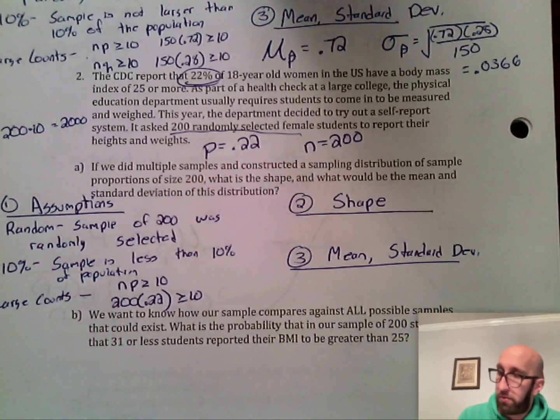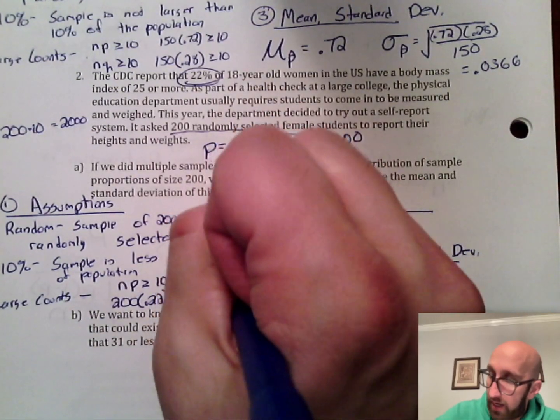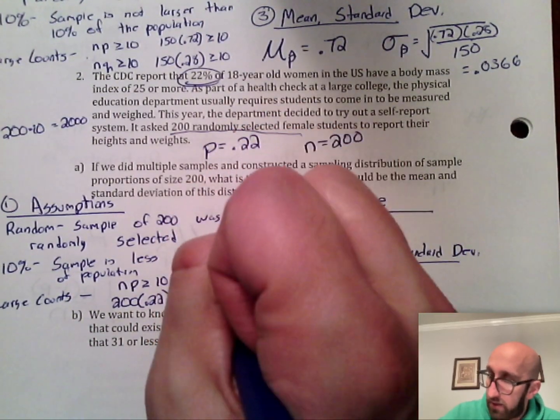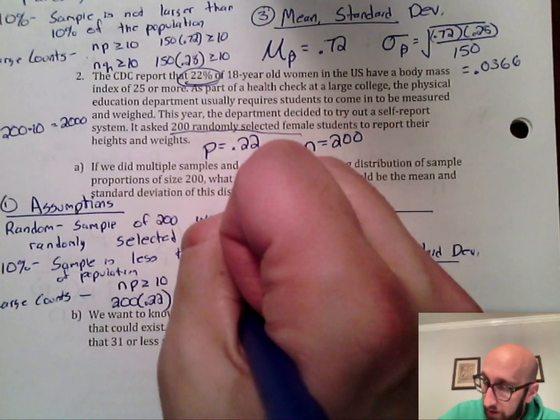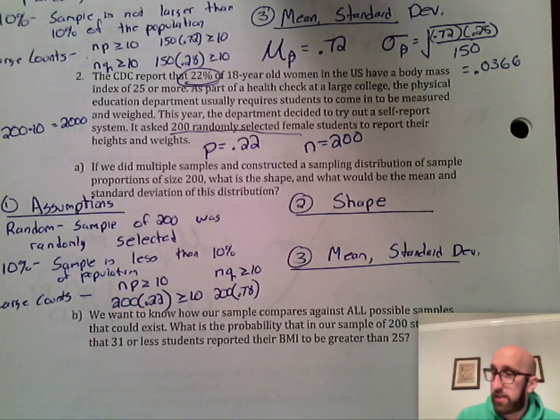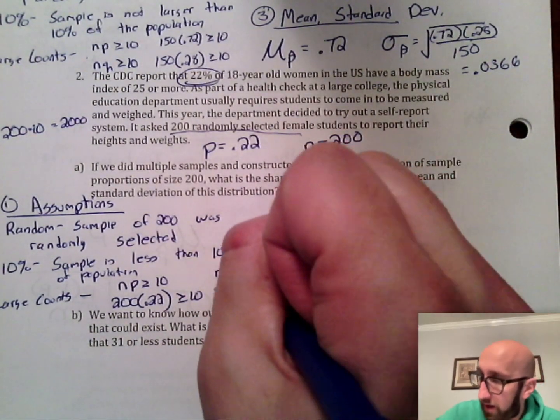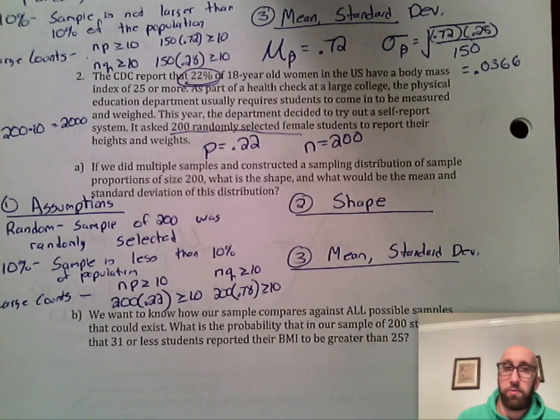That's definitely greater than or equal to 10. And then we got to check nq is greater than or equal to 10. So we're taking 200 times 0.78. Is that 156, I think? 156. That's greater than or equal to 10 as well.